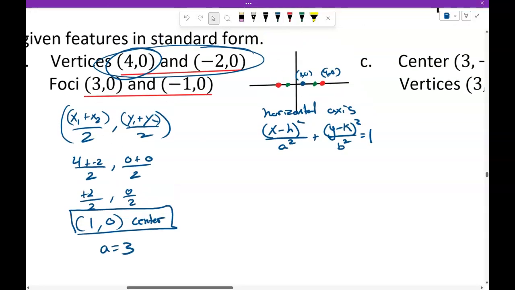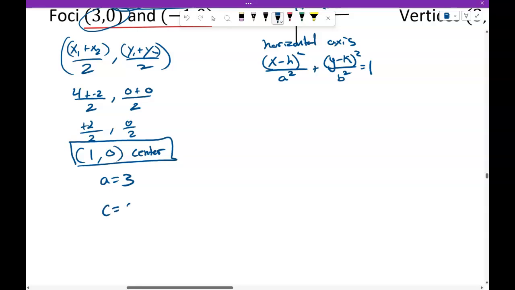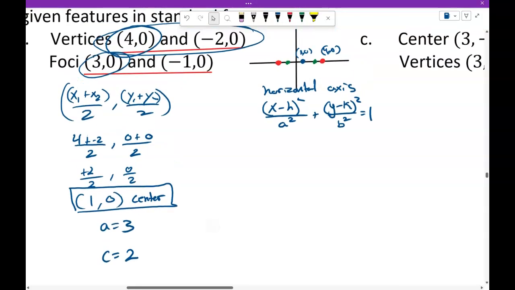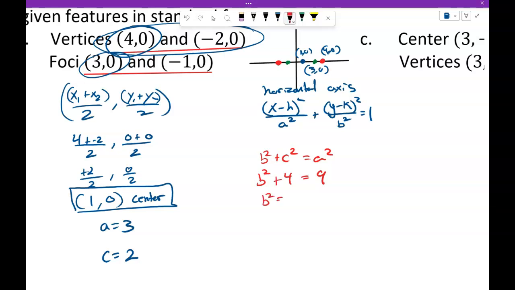If our center is at (1, 0) and our foci is at (3, 0), that means that c has to equal 2. So now our Pythagorean relation in order to find b: c squared is 4, a squared is 9, so b squared equals 5, and b is the square root of 5.